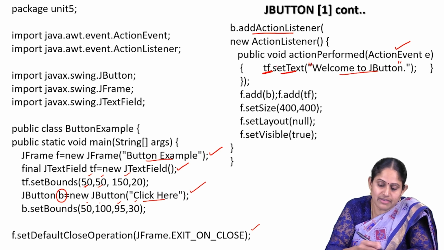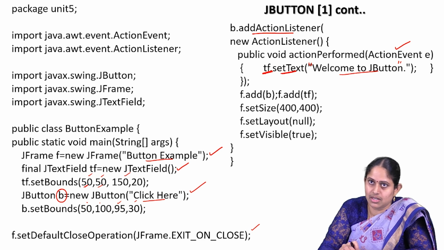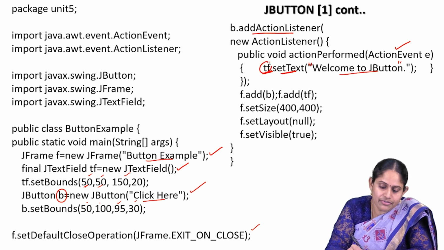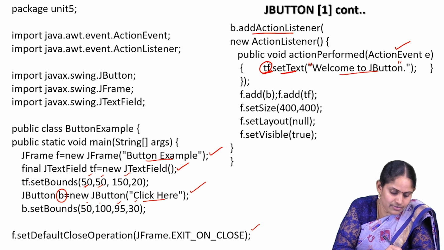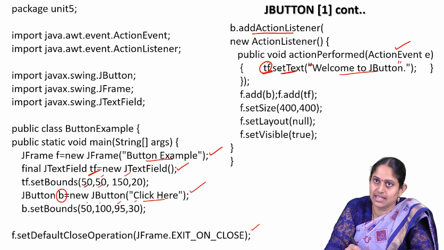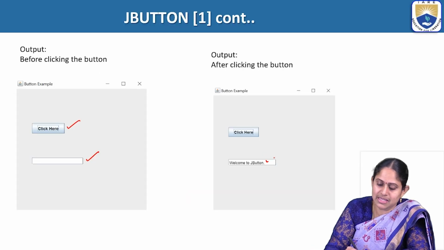So whenever we press that button, the pressing button event occurs, and when that event has occurred, the text field data has to be set to the welcome to J button string. TF is our text field, and this text field's text is set to welcome to J button. That is why we get this message over here.